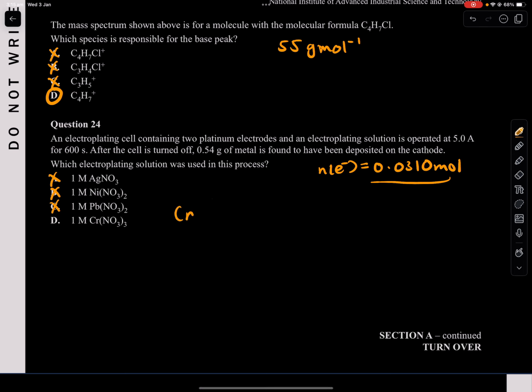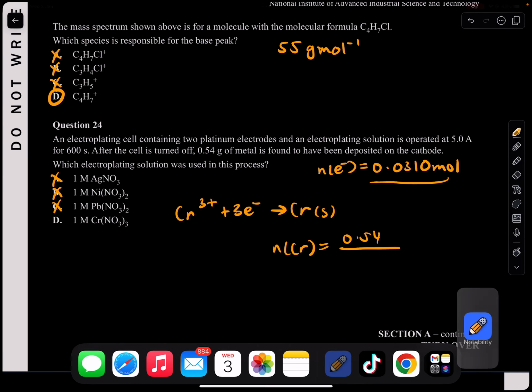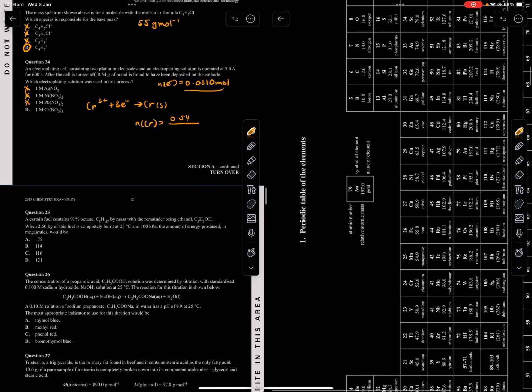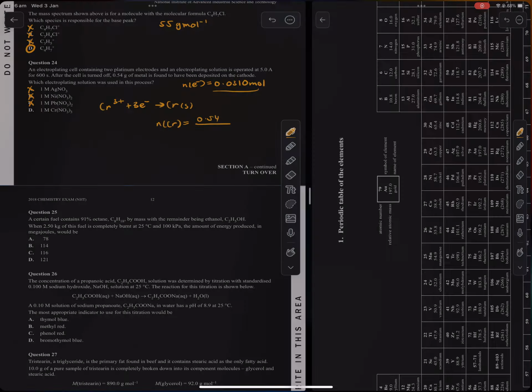So chromium, Cr3+ plus 3e- goes to Cr solid, so the number of moles of chromium is 0.54 grams divided by, what is the molar mass of chromium? Chromium has 52.